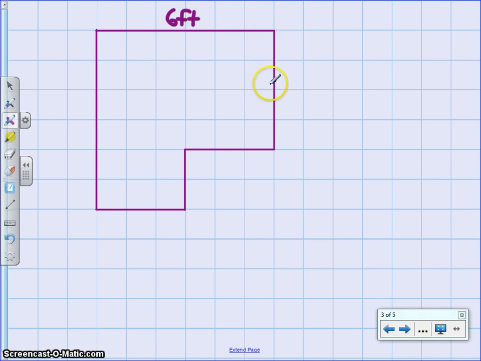This is 1, 2, 3, 4 feet on this side. Then on this side down here, it's going to be 4. This side's going to be 6 feet. And this bottom side's going to be 3 feet. This side is 2. And this last side measurement here is going to be 3.